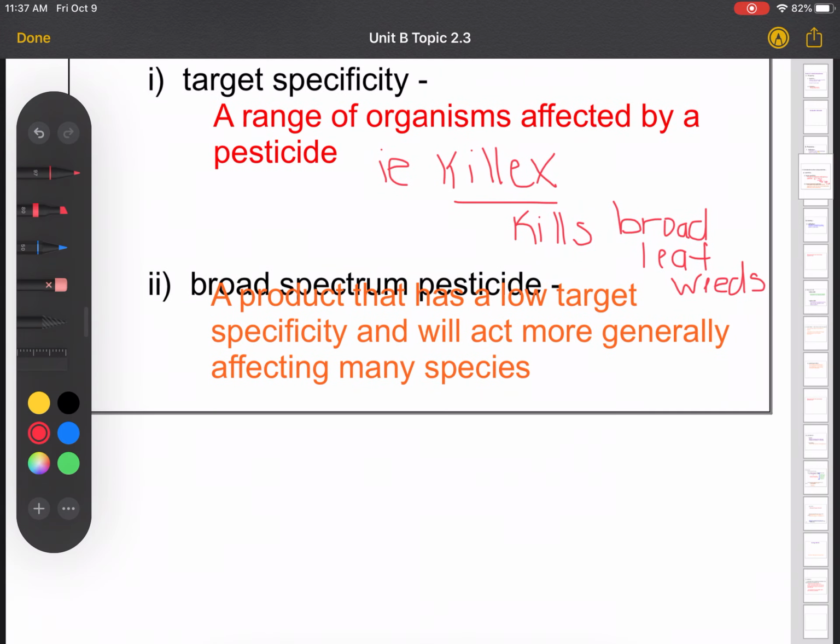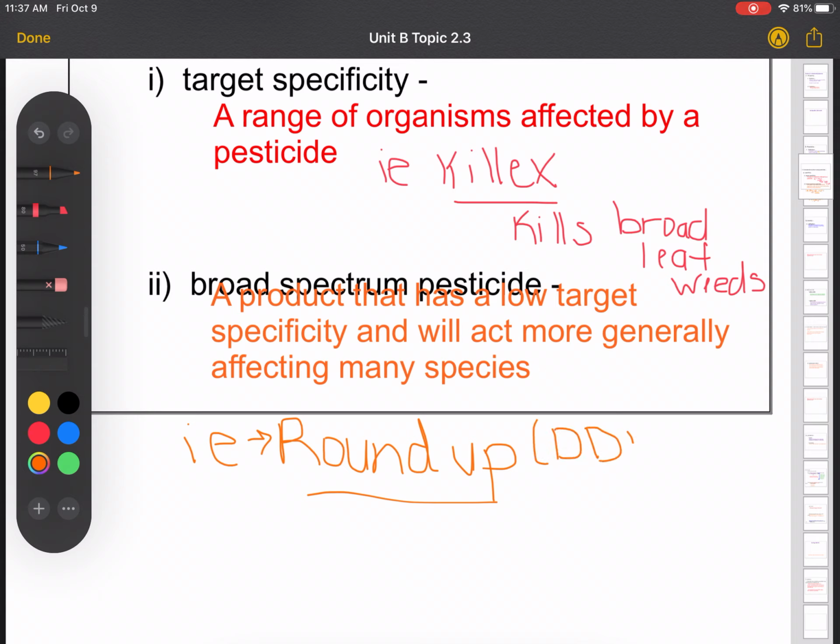A broad spectrum pesticide that we often see is called Roundup. You can also buy Roundup at Canadian Tire, probably just beside the Killex. That's also the brand name, and it has the chemical DDT in it, which is also a short form for a very long chemical name. But this Roundup actually kills everything. Well, I don't want to say everything.